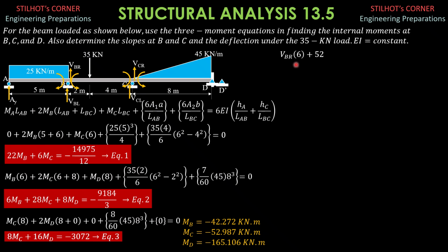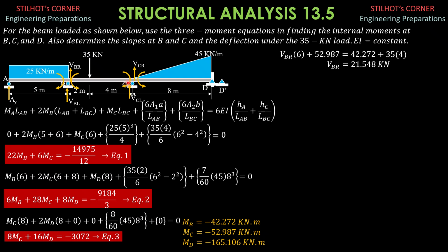Again, shear B right times 6 plus 52.987 equals 42.272 plus 35 times 4. So that's it. Solving for shear just to the right of B, it is equal to 21.548 kilonewtons.